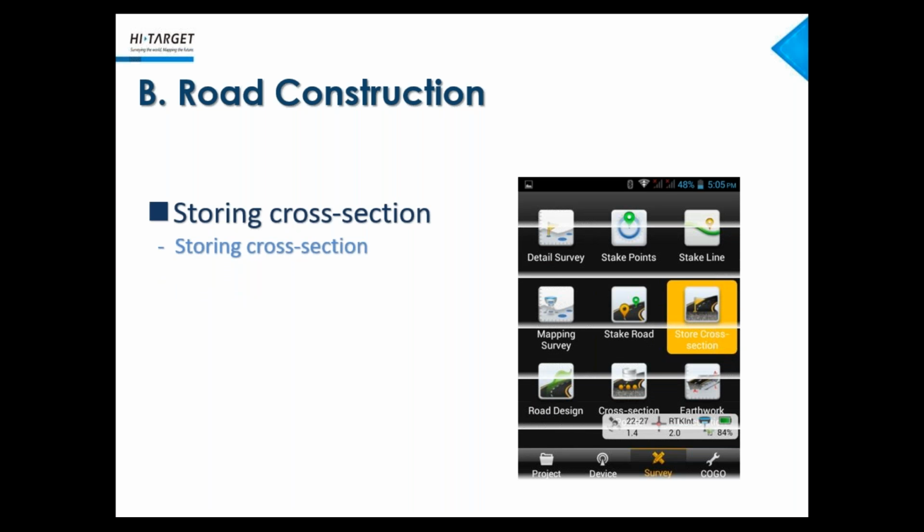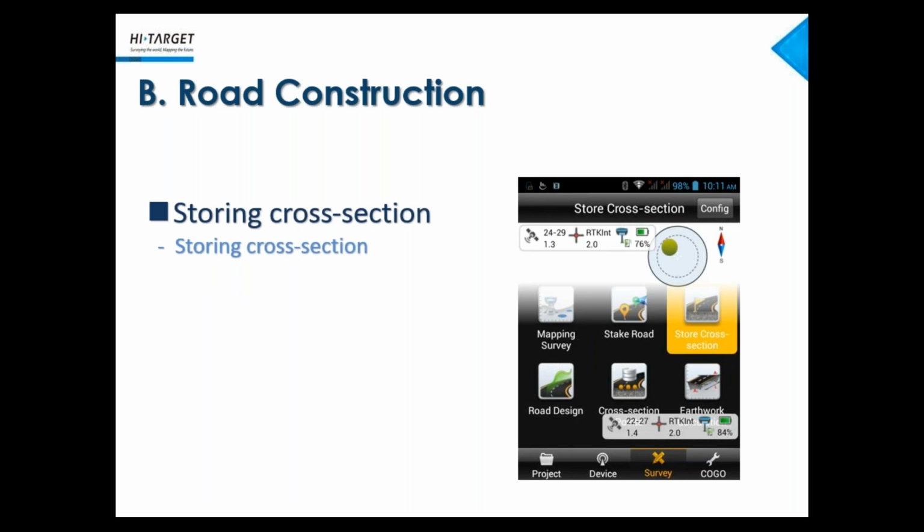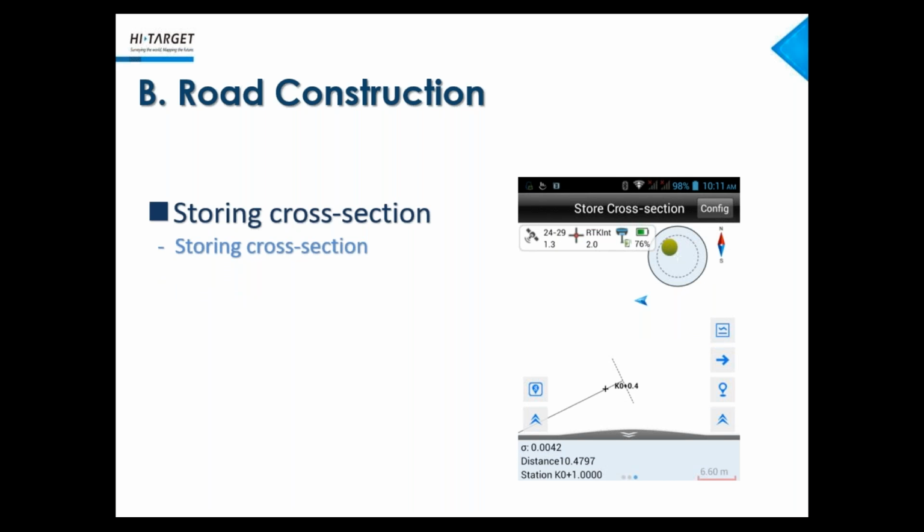Go to the tab Survey and click button Store Cross Section. Then you may find there's a section here on the screen. So I need to go to the section and collect the points. You may find in my image I have already collected 3 sections with the points.